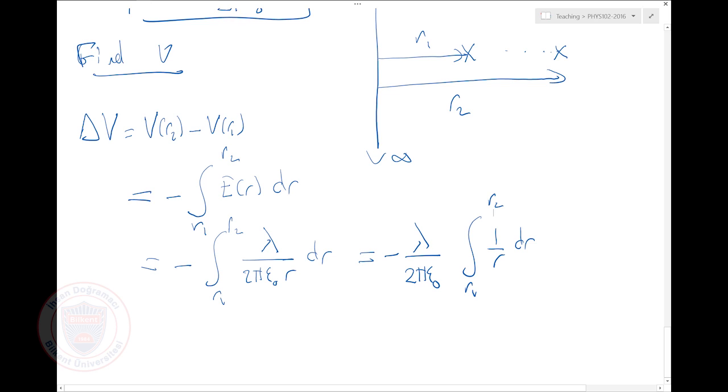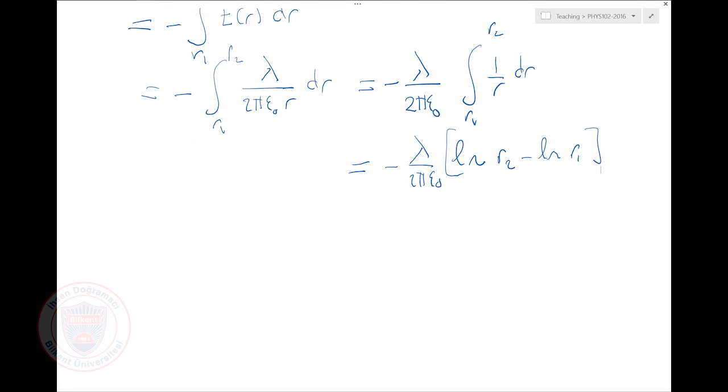So minus lambda over 2 pi epsilon 0 times ln R2 minus ln R1. But ln A minus ln B is ln A over B. So I can write this as lambda over 2 pi epsilon 0 ln R1 over R2.